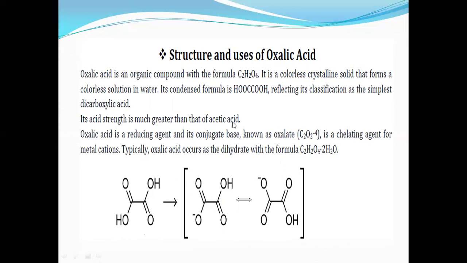Oxalic acid is basically a reducing agent. When it donates its proton, its conjugate base forms a salt, that is oxalate, which is a chelating agent. The meaning of the word chelating agent is that it can easily form a complex with another molecule, that is cations. Basically, oxalic acid occurs in a dihydrate form.